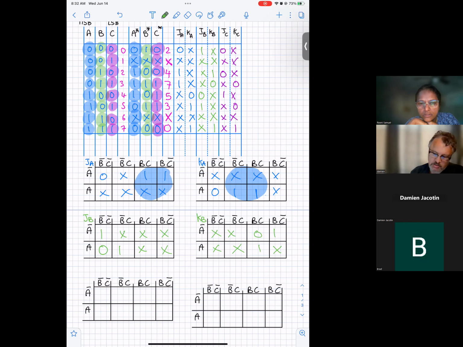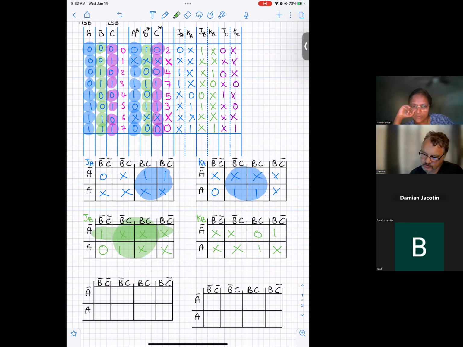All right. So let's do the grouping. I think that our grouping would be best for JB. We're going to have this one right here for this big group of 4. And the other one, we can have this group of 4.